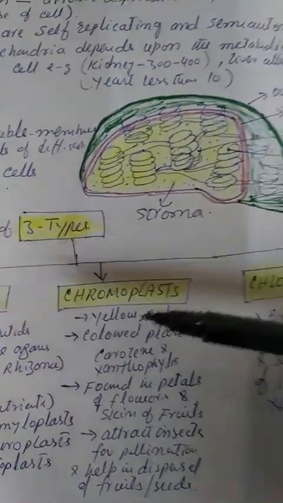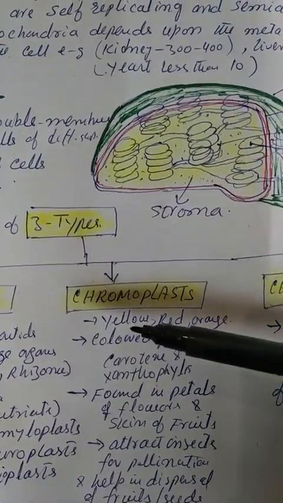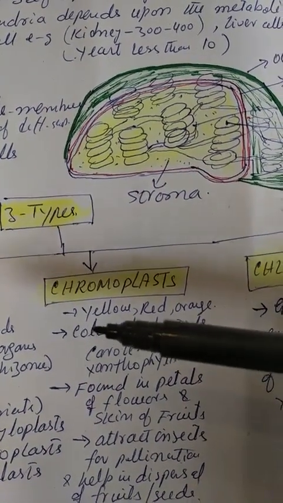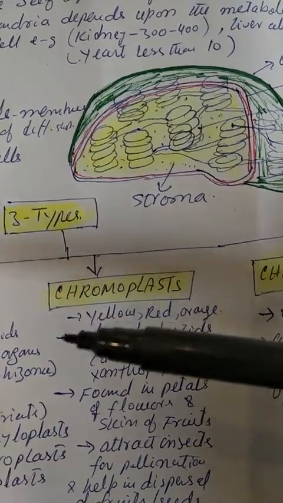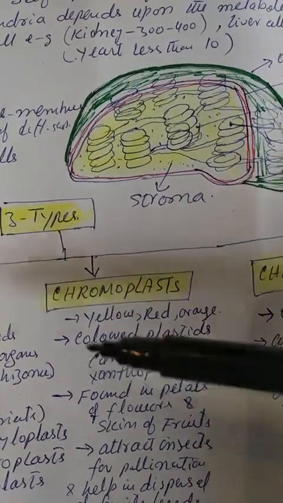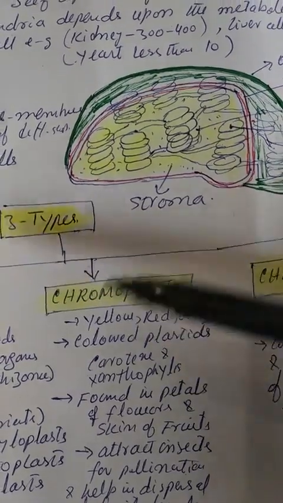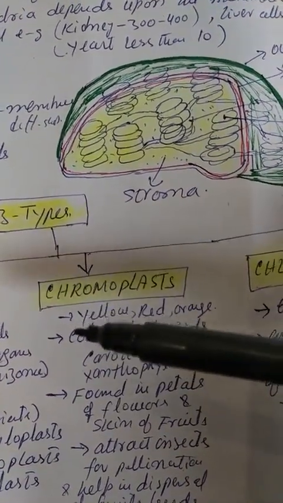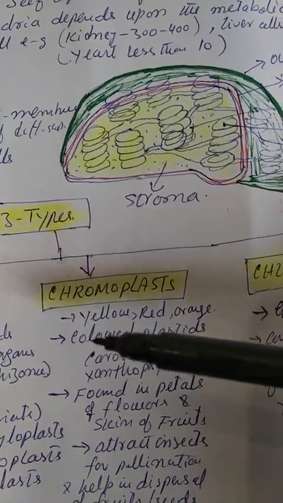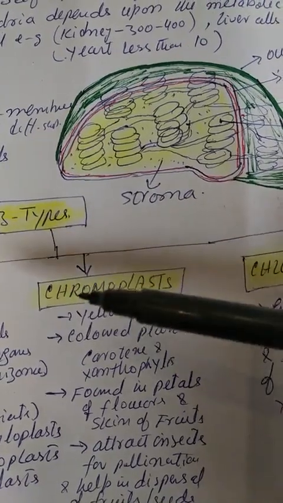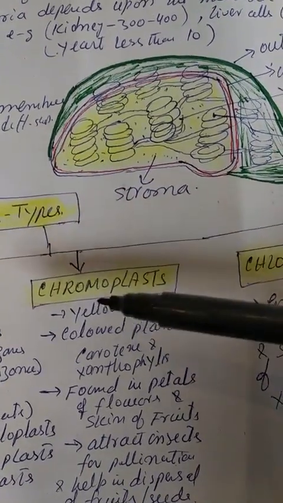Similarly, the second type of plastids is what we call chromoplasts. These chromoplasts are the colored plastids containing mainly the yellow, red and orange pigments such as carotene and xanthophylls, etc. These plastids are found in petals of the flowers and also in the skin of the fruits.